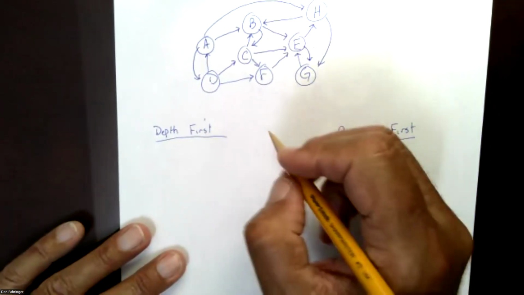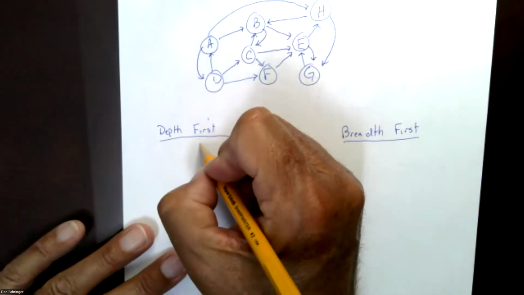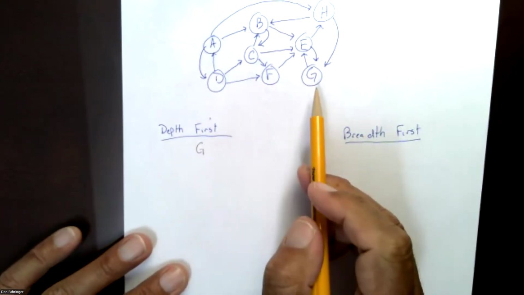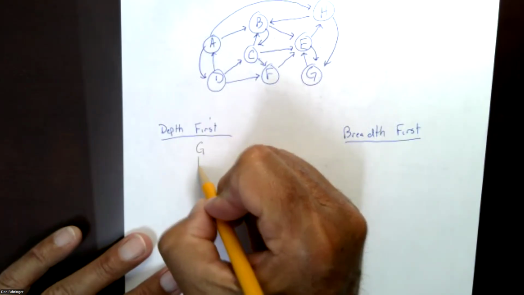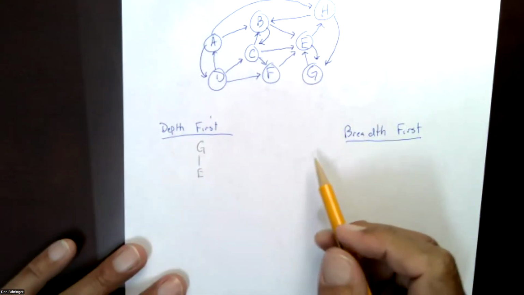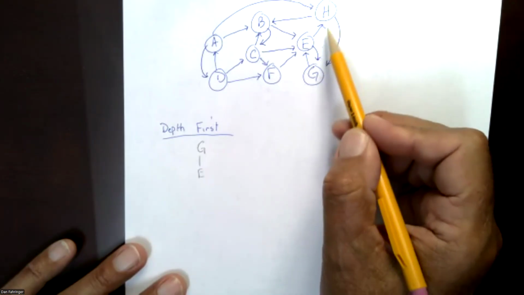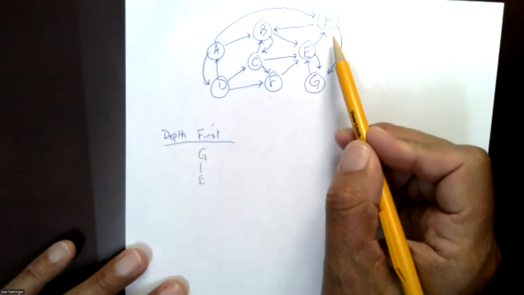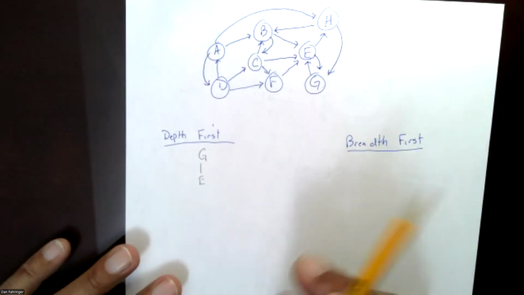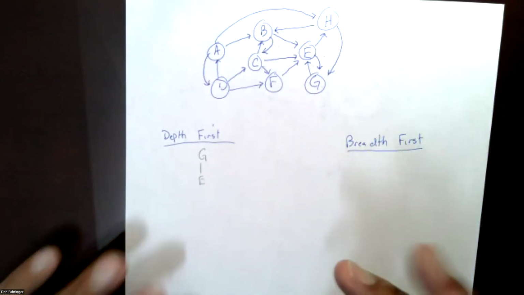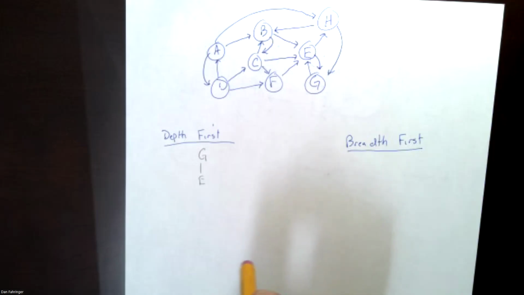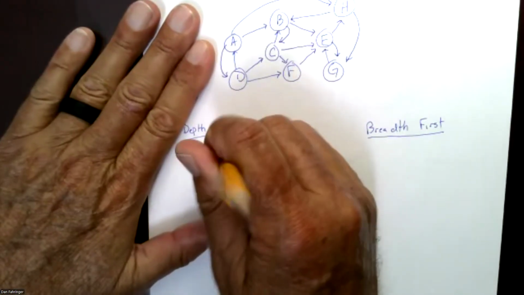Well, here's G, and G goes to just E. E, where does E go? E goes to H. What I'm actually trying to do is take a look at a picture, and let's not use G just because that's not a very good one.